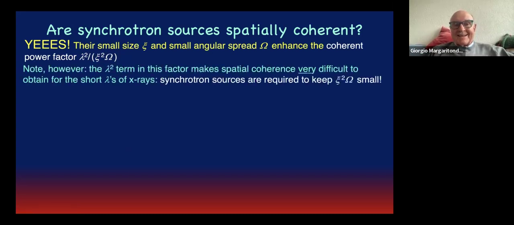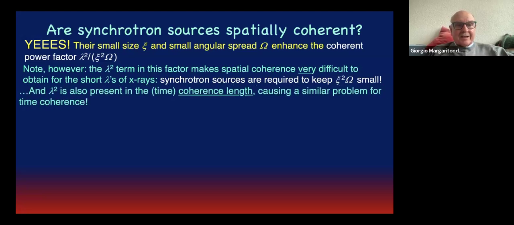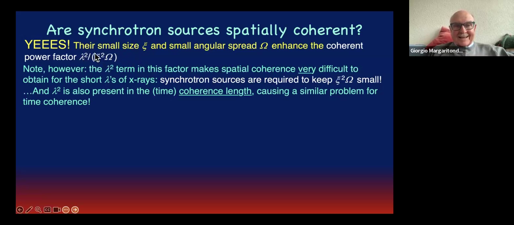Now, we must realize that, however, there is a caveat in this result. That is, if you're looking at lambda square in the coherent power factor, this is a killer, because if lambda becomes very small, as it is for X-rays, then the coherent power factor is negatively affected. That is why, if you're looking at the history of things that have been realized with diffraction or interference and so on, we find experiments of this kind 3 centuries ago, because they were done with visible light that has much longer wavelengths than X-rays.